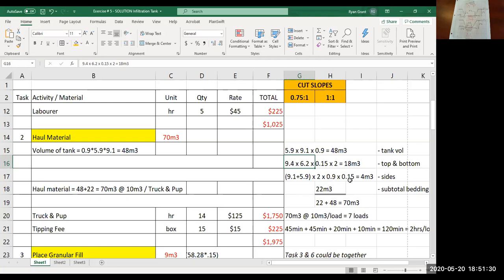Then again, multiplied by 0.15 meters for thickness of gravel, and that's approximately 4 cubic meters for the sides. You add those two numbers together, that gives you a subtotal of 22 for gravels. And as we previously calculated, you had 48 cubic meters for the tank volume itself. So those two numbers together give you 70 total. So we're saying we need to haul off 70 cubic meters.